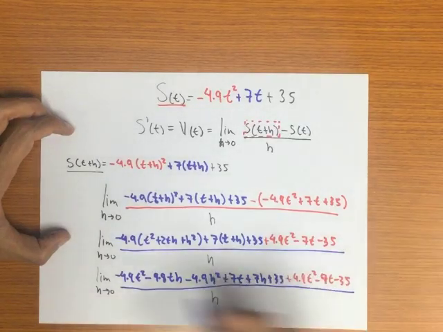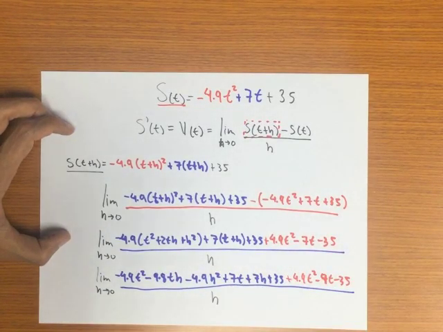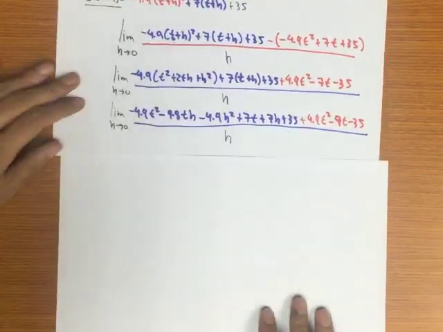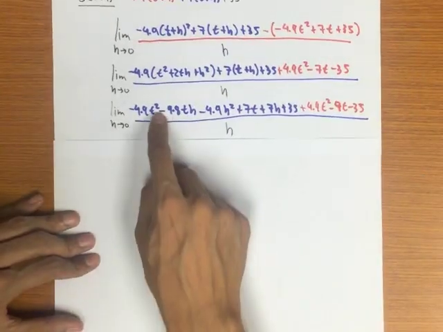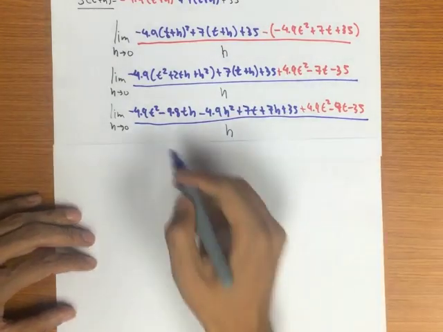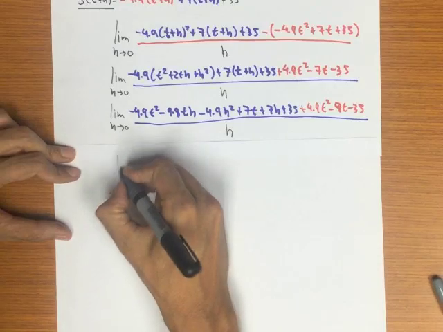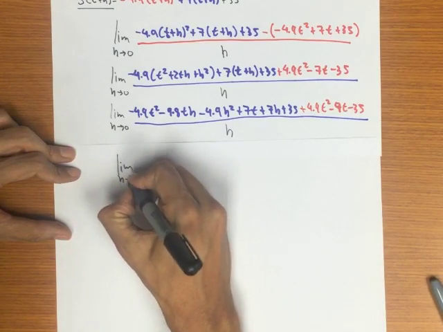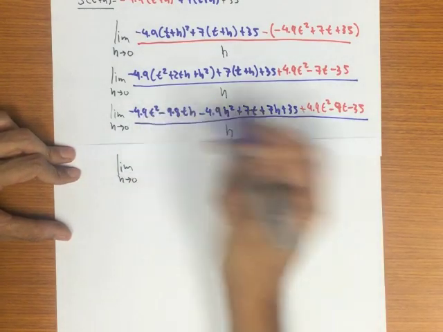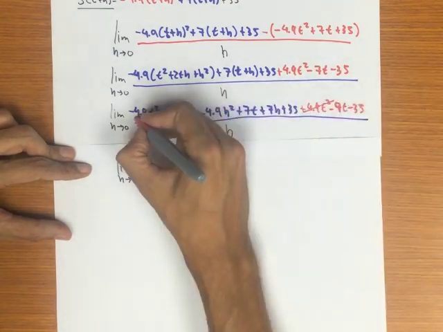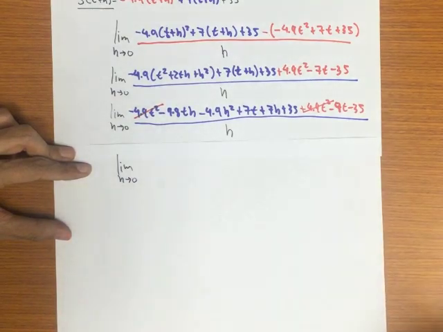If you want to simplify the expression, you will see that some terms in the expression will be eliminated, because the negative 4.9t squared and the positive 4.9t squared are gone.